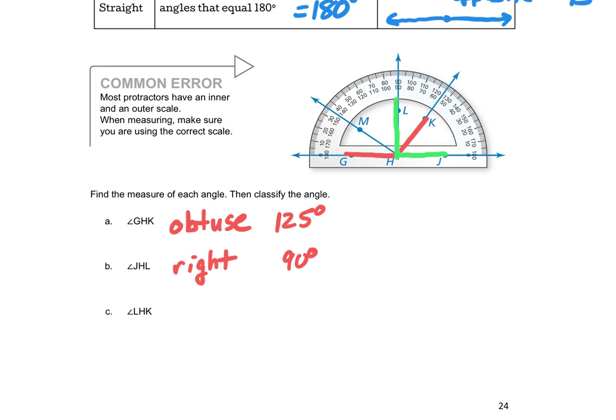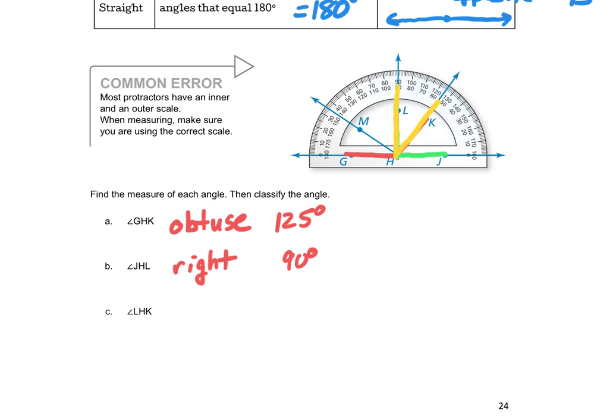Okay, and then finally, L, H, K. So we're going to start at L, we're going to go to H, and we're going to go to K. So it would be that yellow angle right there. Here's where you got to be a little bit careful because it doesn't come down here to the bottom, right? It's kind of sitting up here. So it goes from 90 all the way down to 55, right?